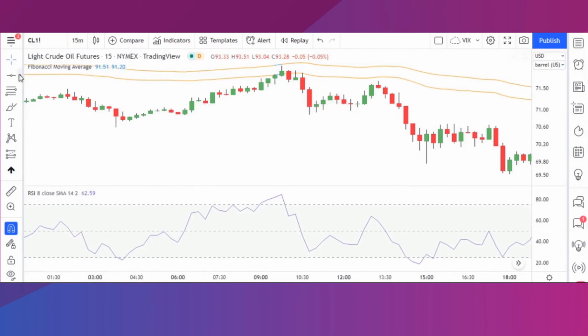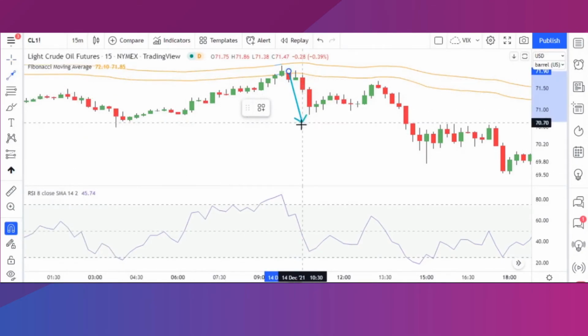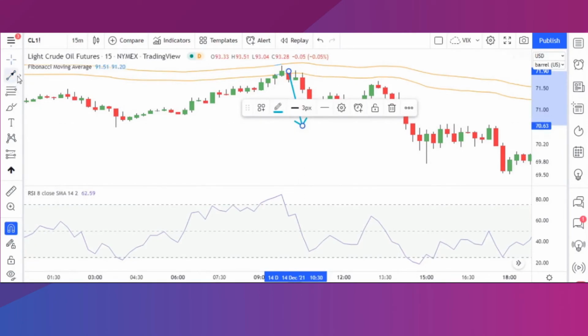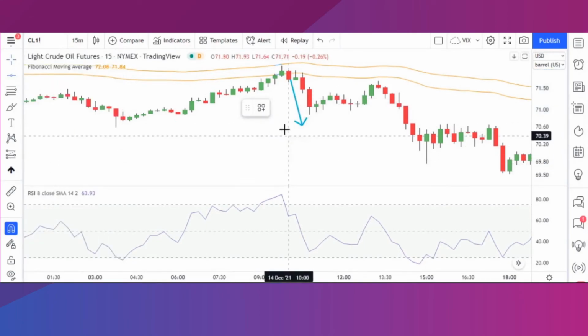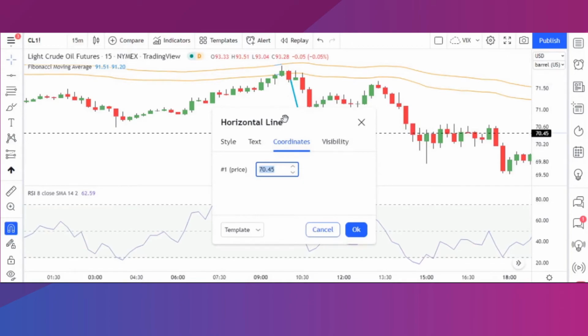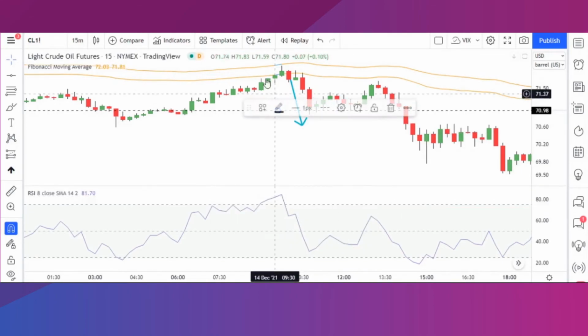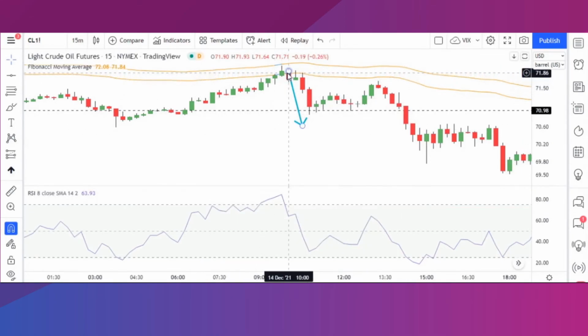So let us draw our bearish arrow from the opening price of the trade and set our target accordingly. As we have said, it's 4 times the distance calculated from the opening price. So in our case it would be 70.98. So we would have shorted here and targeted this area here.